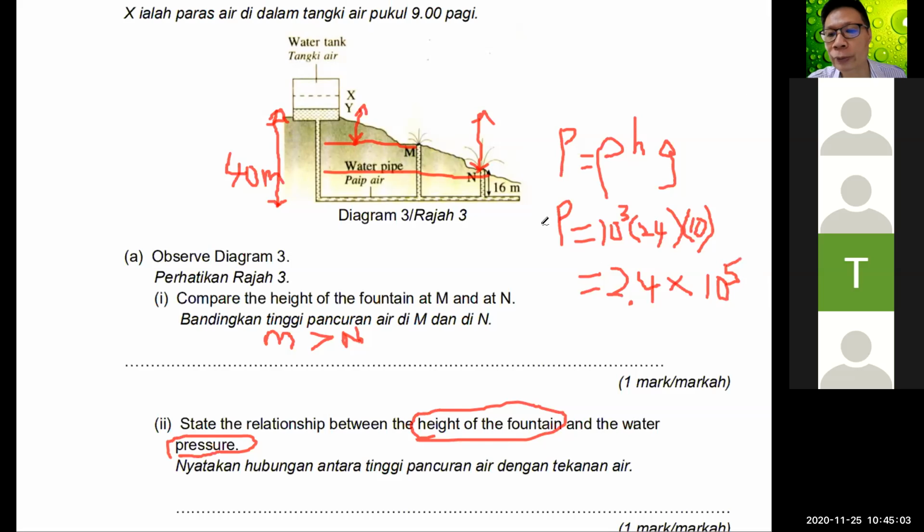Okay. And the unit for pressure is Pascal, Pa. Pascal or Newton per meter square. Chan, you're correct. Newton per meter square also can. But normally we put Pascal.